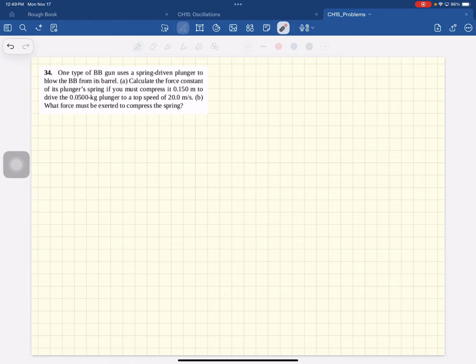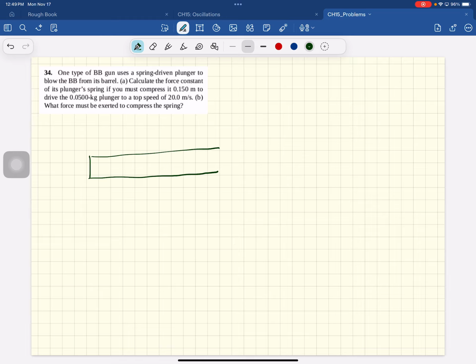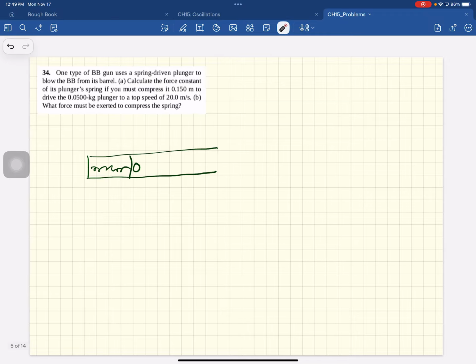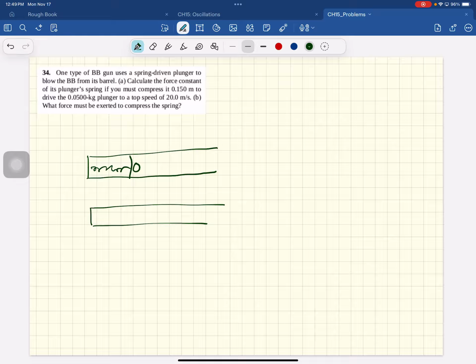So let's say here's the BB gun. I'll draw the plunger as if it was a bullet. So this is the compressed position. And then the bullet is fired and it comes out at 20 meters per second.